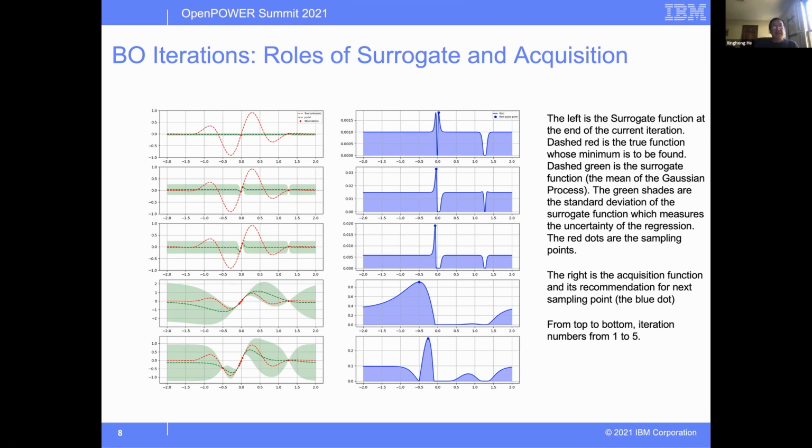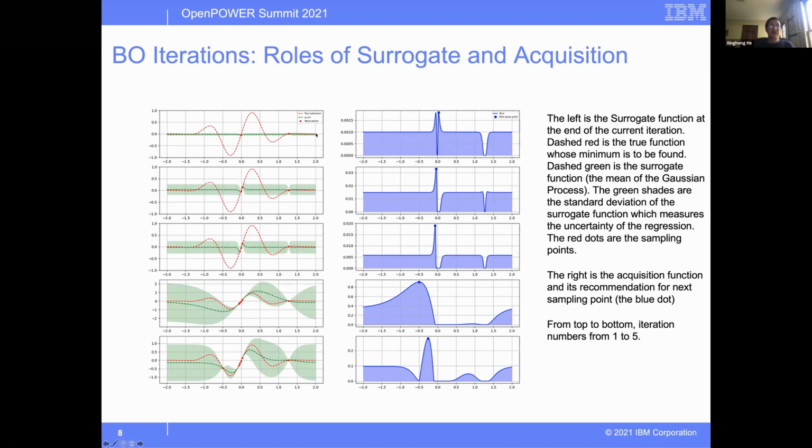The red dots are the sampling points. And the green shaded area is the uncertainty of the surrogate function, which is simply the standard deviations. The right-hand side is the corresponding acquisition function and the next point to sample. The blue dot is the next one which the algorithm is going to sample.